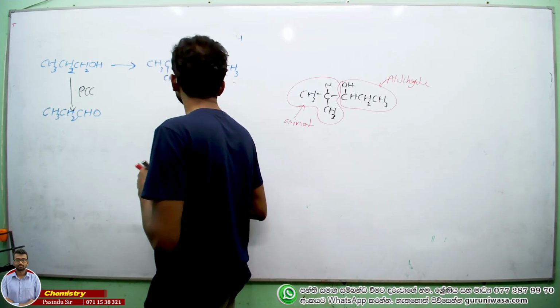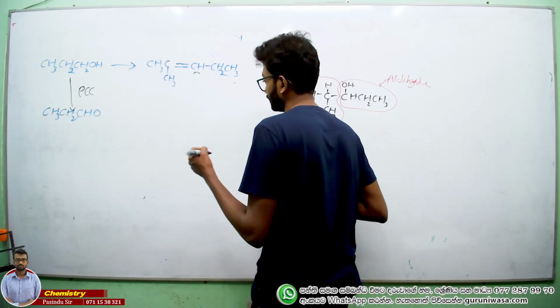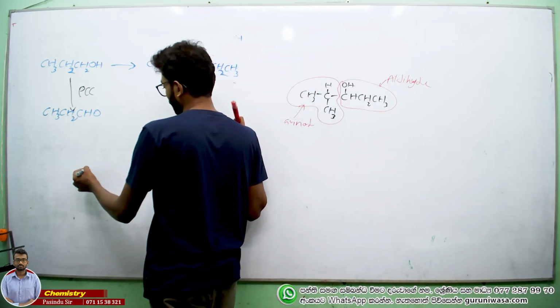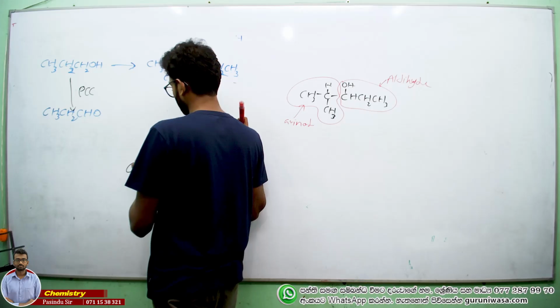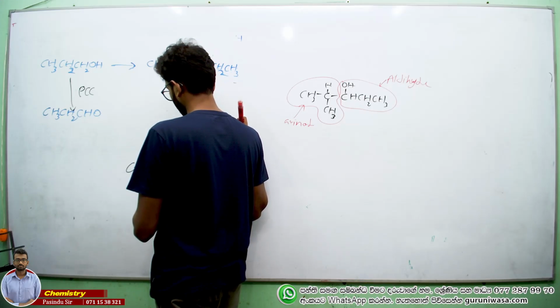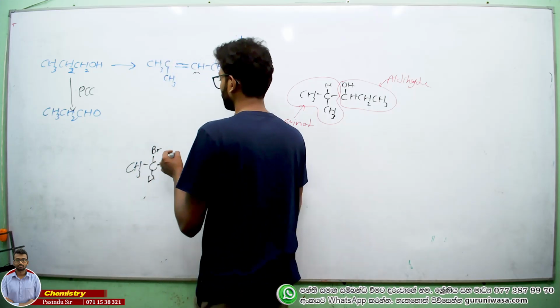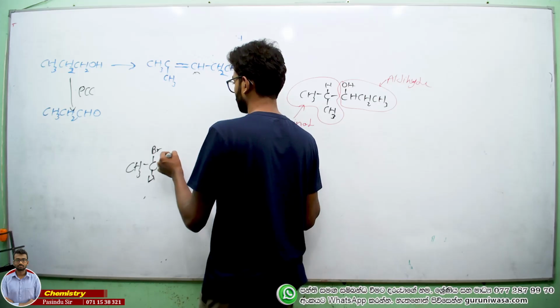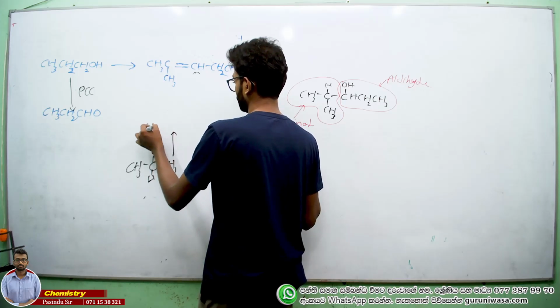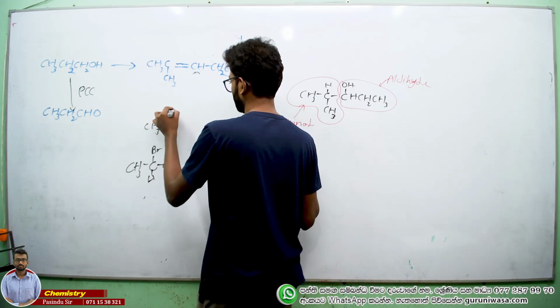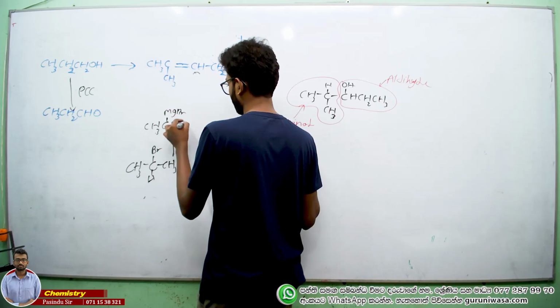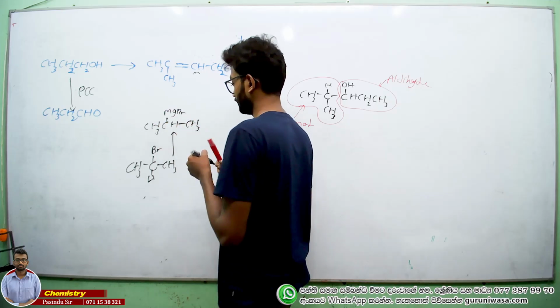Then you have to make the Grignard separately. You have to get this kind of molecule from the lab, CH3CH2Br, and convert it into CH3CH2MgBr.